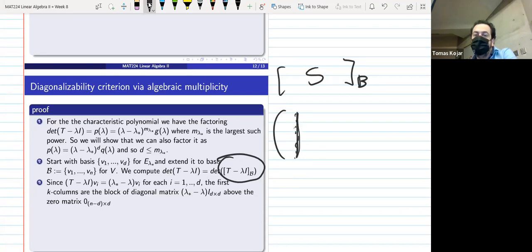So then what should be the first thing here? Okay, so let me say what's going on. Lambda star is just an eigenvalue.